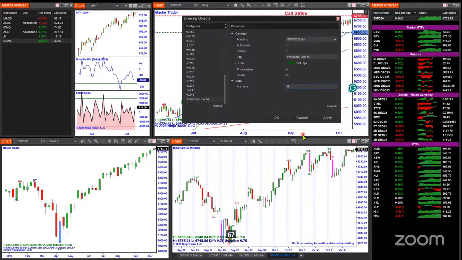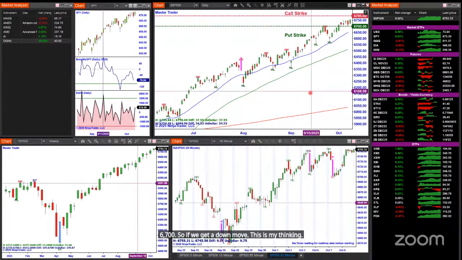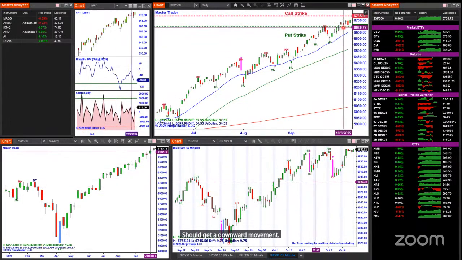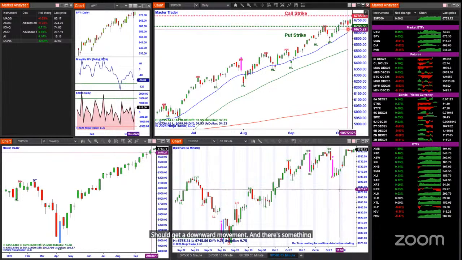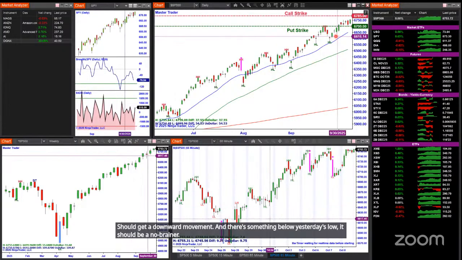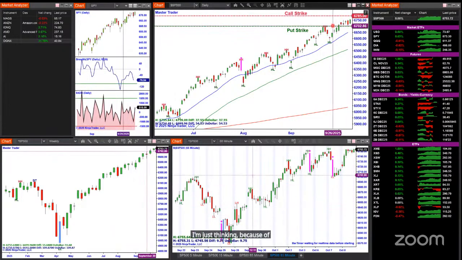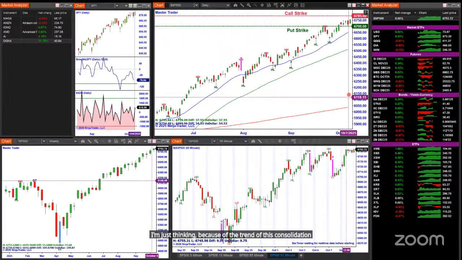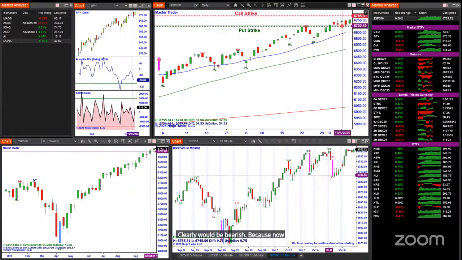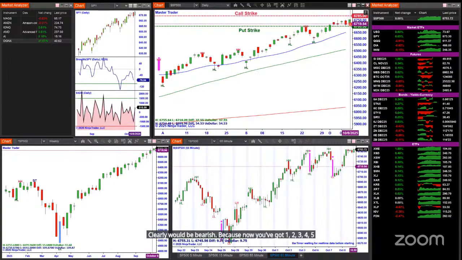6,700. So if we get a down move, this is my thinking anyway, and there's something below yesterday's low, it should be a no-brainer. Because of the trend of this consolidation, going down to yesterday's low clearly would be bearish, because now you've got 1, 2, 3, 4, 5 days of going sideways.